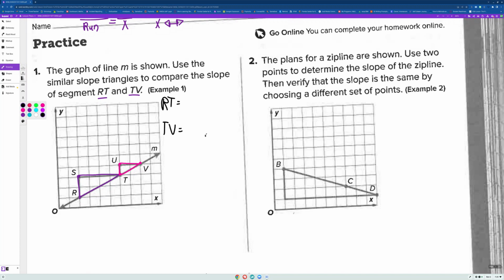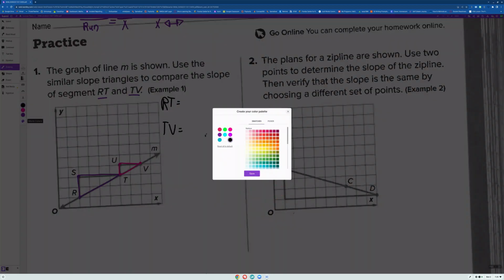When I look at my RT right here, I'm going to look at my rise over my run. So I'm going to look at how many points it takes me to go up until I can meet that T point, and then how many points I have to go over, which would be my run. So let's get a different color here. Let's do an orange.